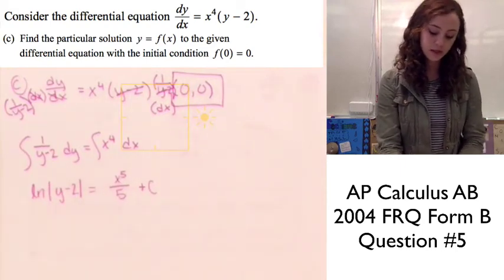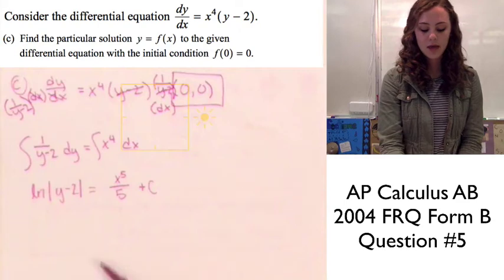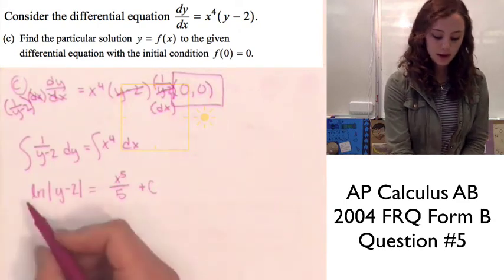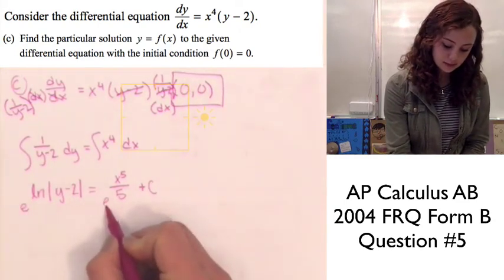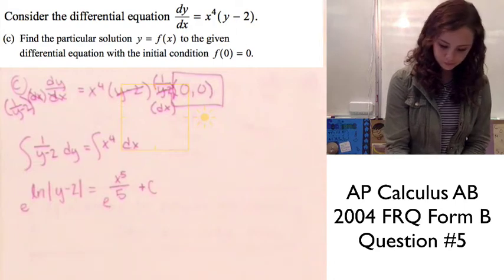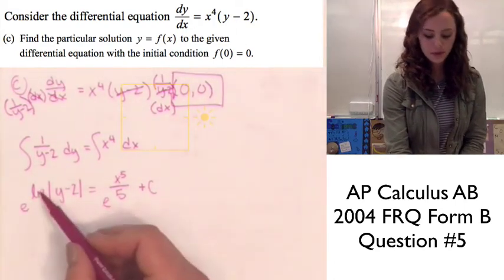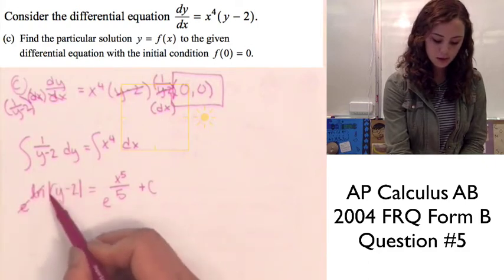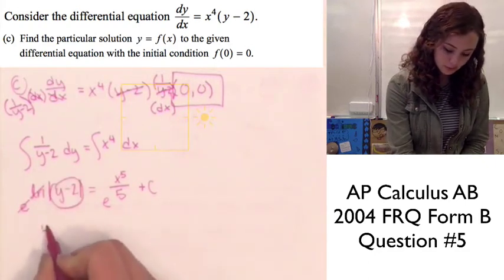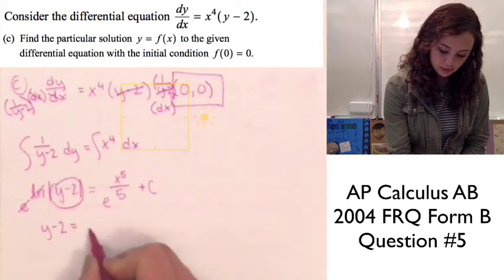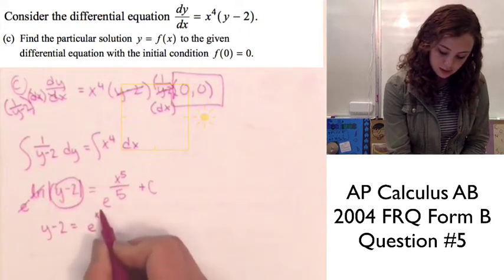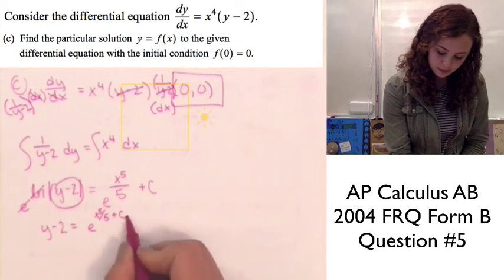So let's go ahead and get rid of the ln on this side by raising both sides to e. So when you have e to the ln of anything, we know that we can cancel this out and bring this part down. So we end up with y minus 2 is equal to e to the x to the fifth over 5 plus c.